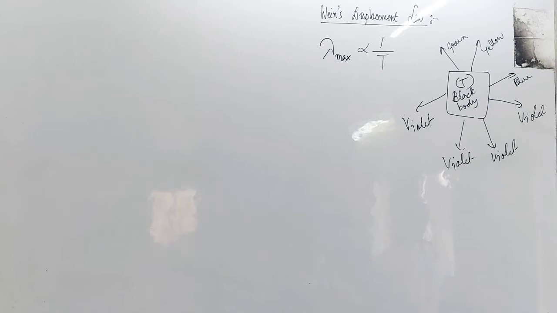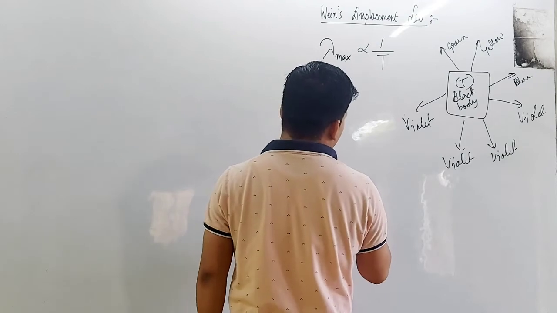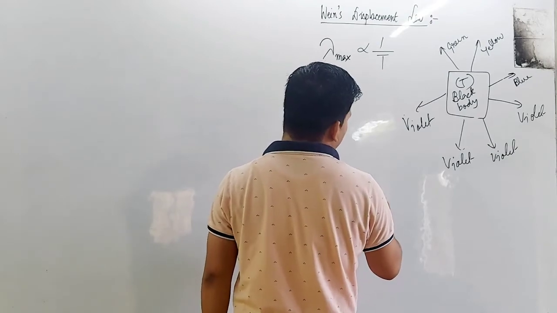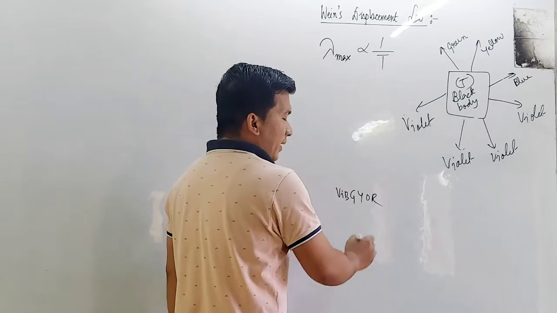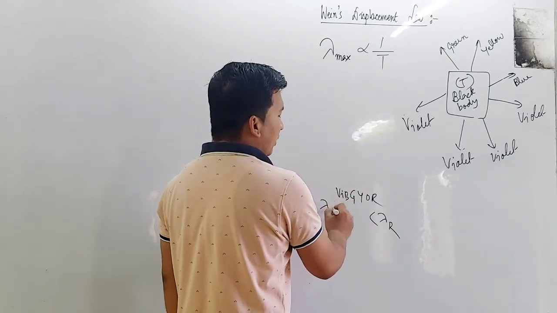If we compare the wavelengths of the 7 basic colors, VIBGYOR, red will have the maximum value, lambda red, and the minimum will be for lambda violet.